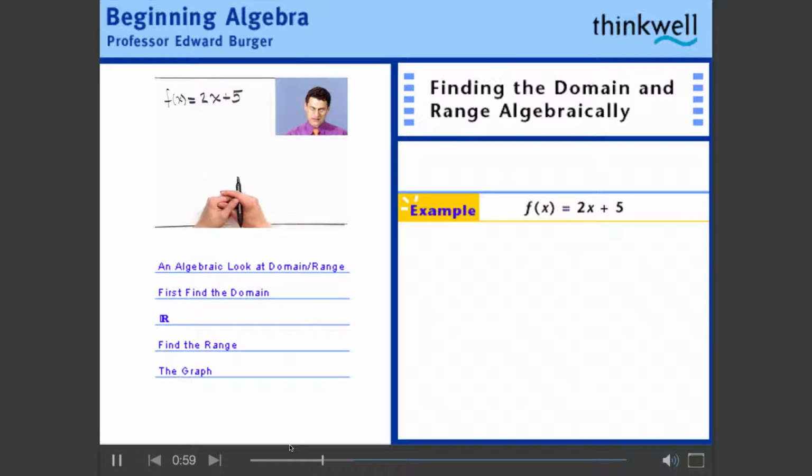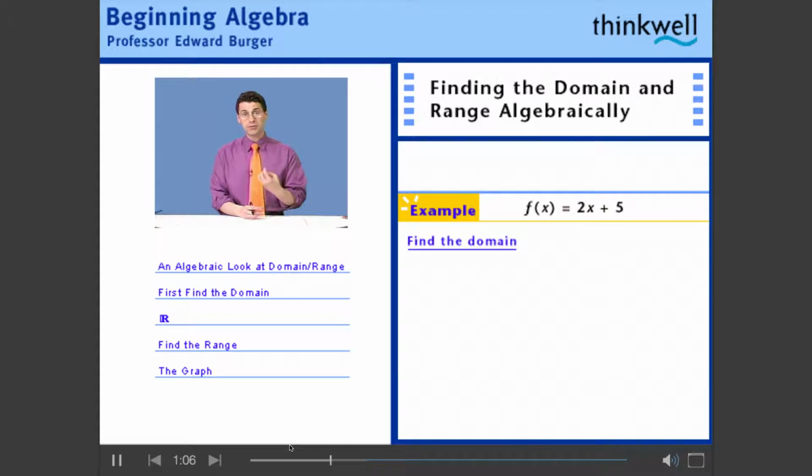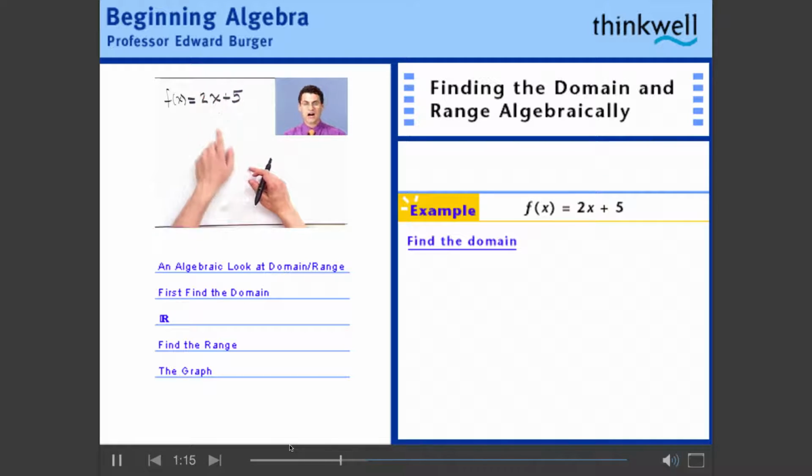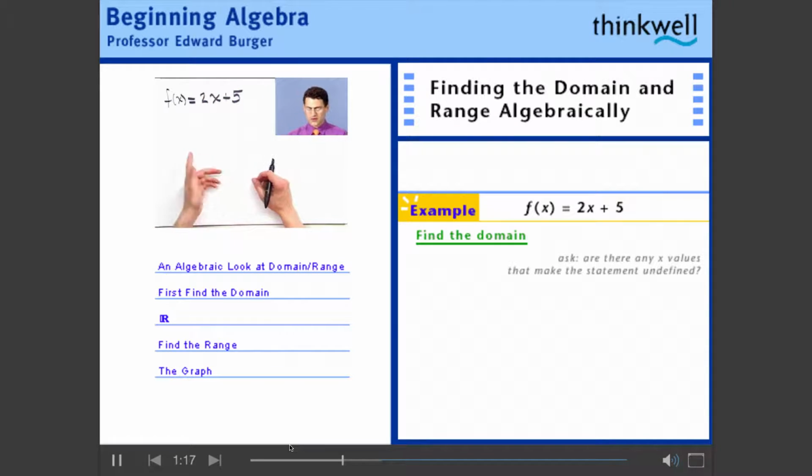Well, what's the domain? If we're thinking about the domain, remember the thinking here is, what are the permissible x values that I'm allowed to insert for x that would actually produce numbers? So what I have to ask is, are there any values for x which would make this thing undefined? Well, no, there are no values for x which would make this undefined, because any number you can ever possibly think of can be multiplied by 2, and then that quantity can be added to 5.